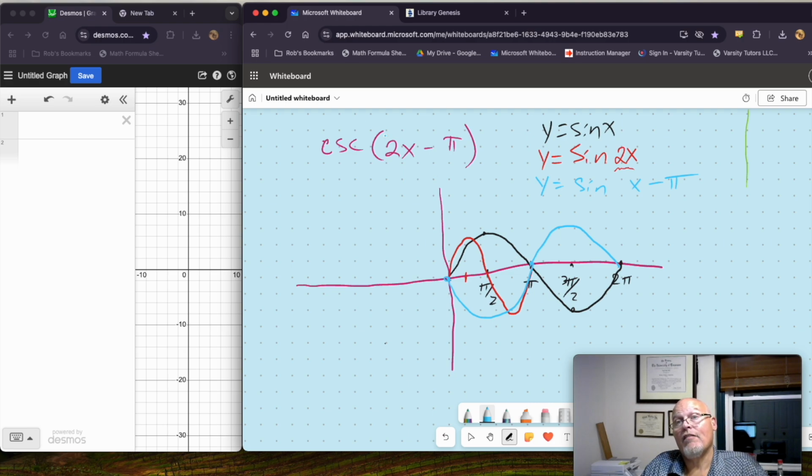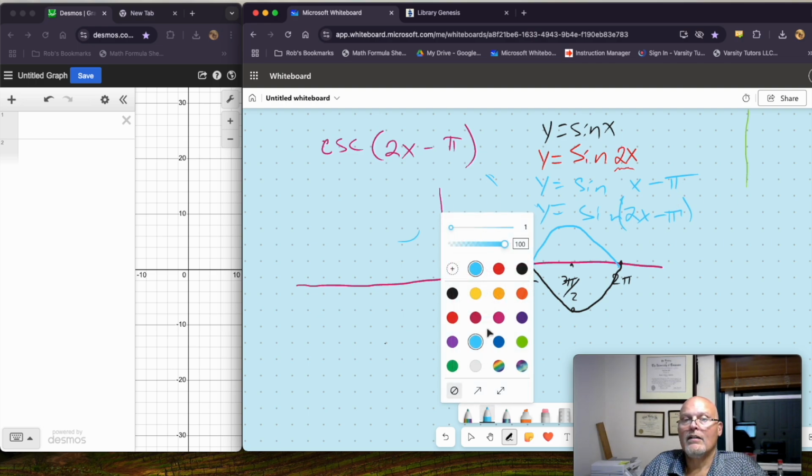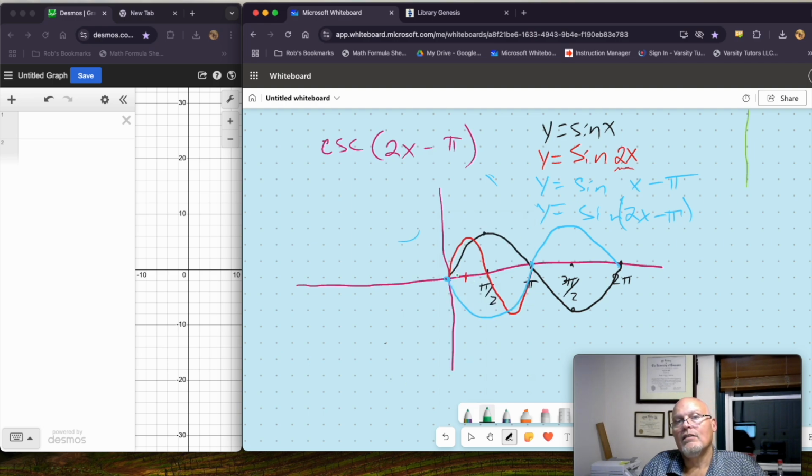And now if I take the x minus pi and do both of them, to the point where I have y equals sine of 2x minus pi, I'm going to do the same thing, and let's do that one in green. Because I've also shrunk the period to pi, moving it by pi basically means I do nothing different.